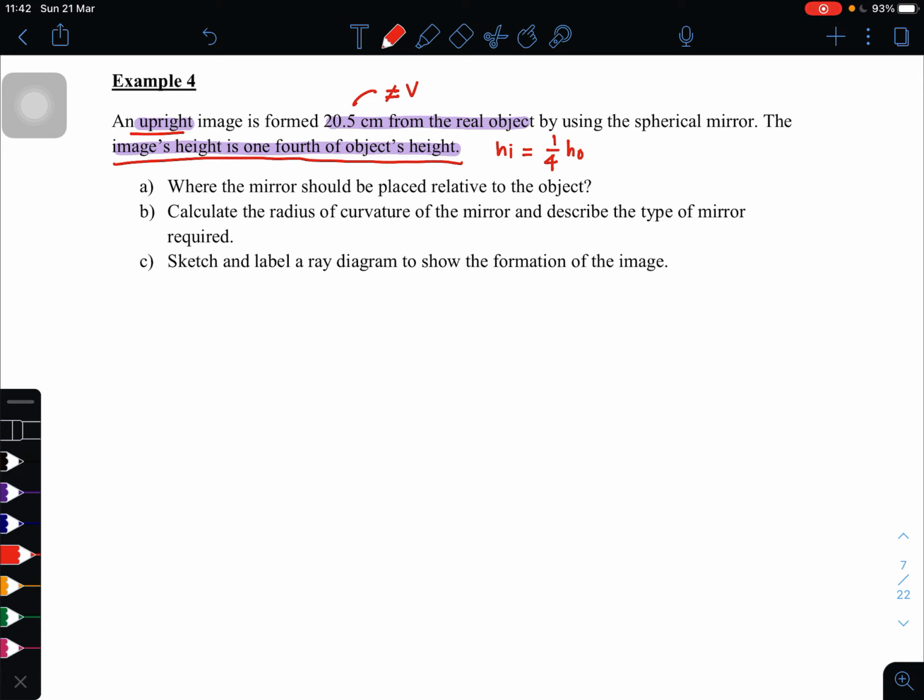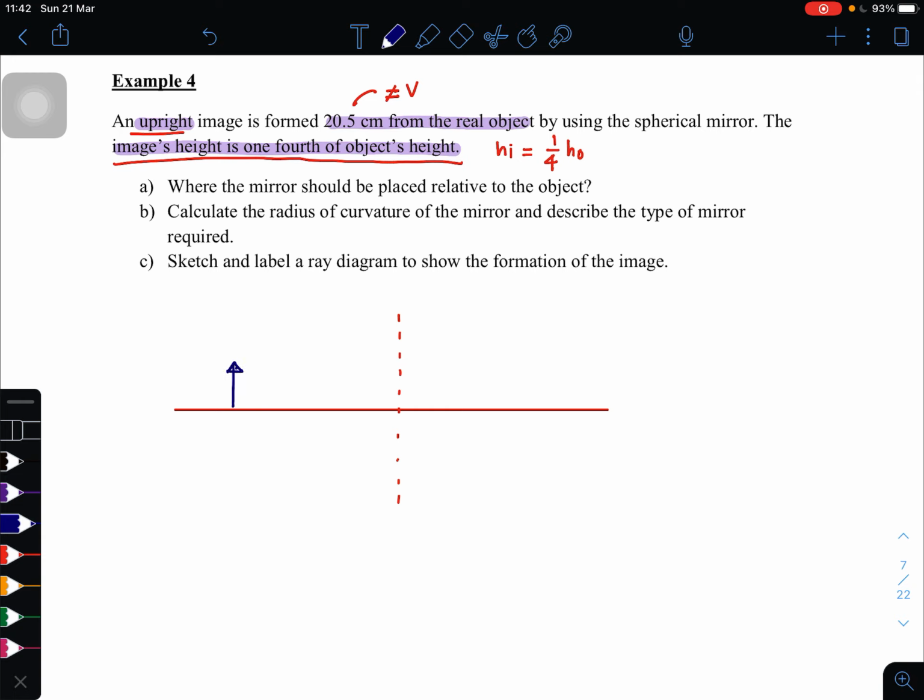So basically, kalau kita lukiskan, let's say this is the mirror, but we're not sure what type of mirror sebab dia tidak spesifikkan, dia just bagi tahu spherical mirror only. And then we have object. So kita ada object dekat sini.